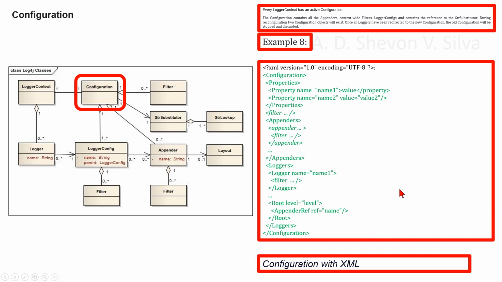However, it cannot be validated with XML schema. For example, the console appender is configured by declaring an XML element named console under its parent appender's element.